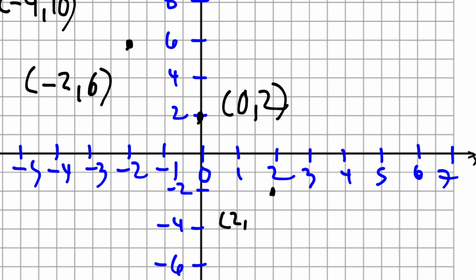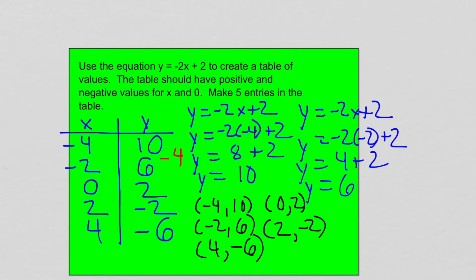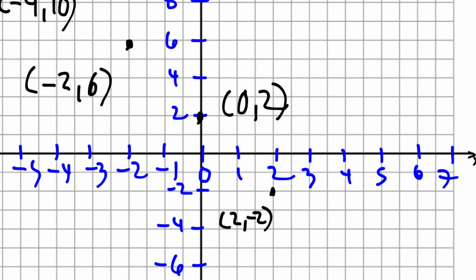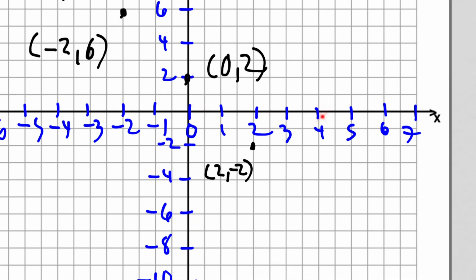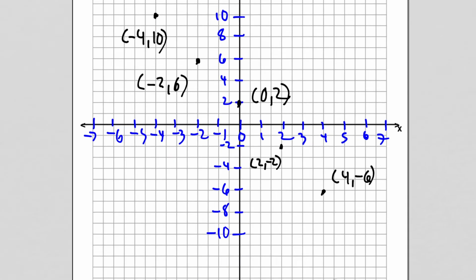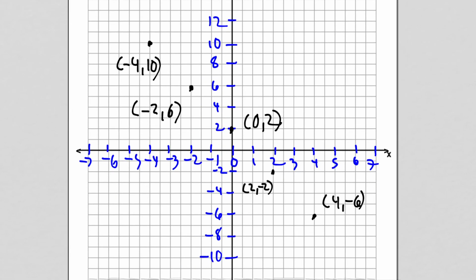And then the last one is 4, -6. So across 4 and down to -6 right there. So that's 4, -6. And you can see we get a linear relationship, a straight line.